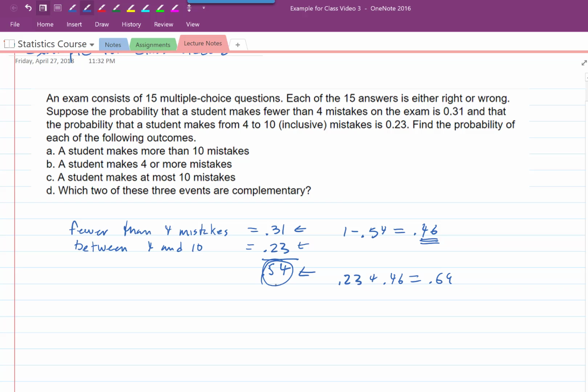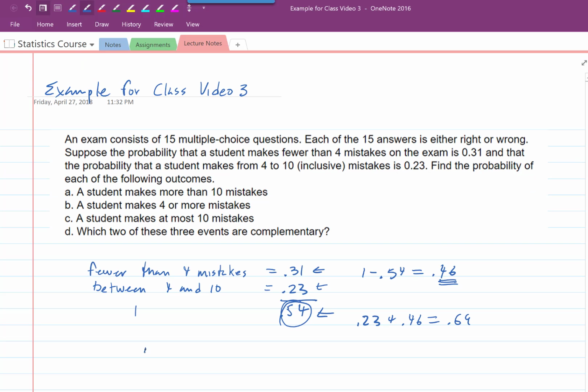It's really just a question of remembering the rule that all the probabilities in a system have to add up to 1. Which two of these three events are complementary? You have a choice of 4 or more, at most 10, and more than 10.